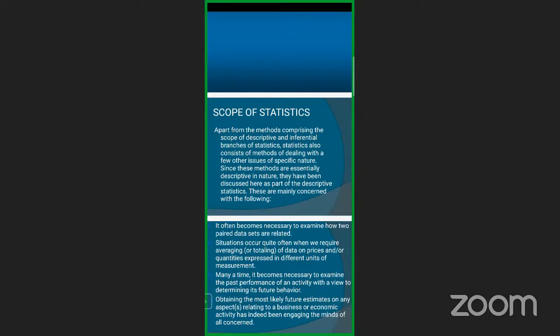That comparison, and the situations occur quite often when we require an average of data on prices or quantities expressed in different units of measurement. Like if you are comparing products for how much you are getting from a particular enterprise, like DMart or any other malls, comparing the prices, where we get the least price, there only we are going to buy it.